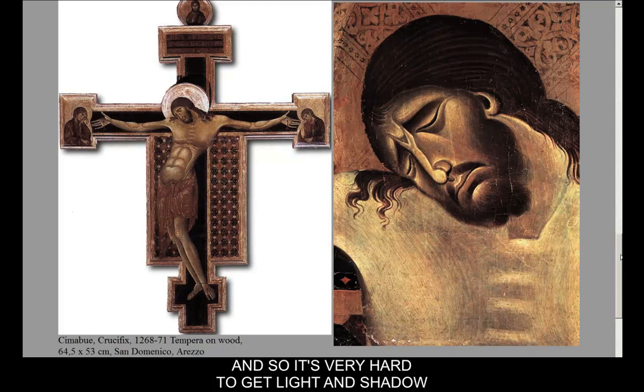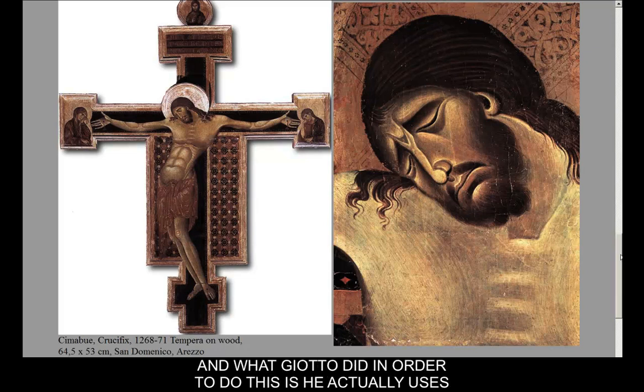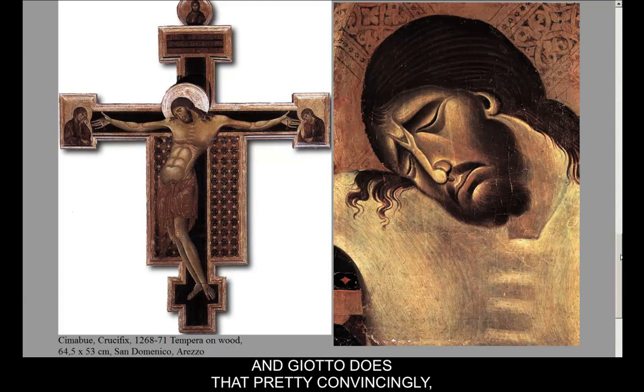And so it's very hard to get light and shadow and to build up details. And what Giotto did in order to do this is he actually uses a series of crisscross hatch marks or diagonal and vertical lines to build up the surface of his painting. And so egg tempera is really a tough medium to kind of get light and shadow in, and Giotto does that pretty convincingly. But Cimabue is doing it almost like a cartoon, where he's sort of cross contouring and following the edges of things, and it looks very streaky and cartoon-like.